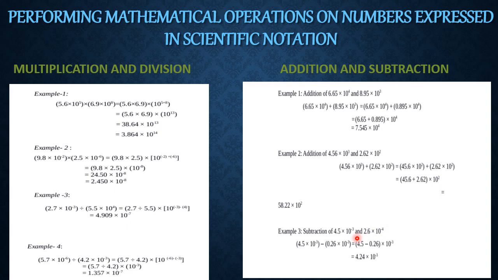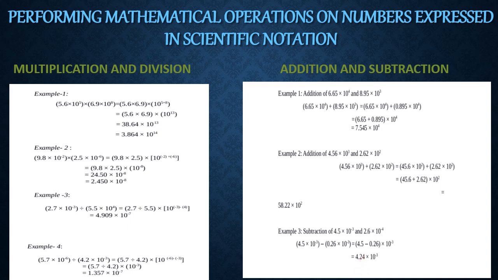Why? I told you in the first example, make the exponents of 10 the same. So here also you have to make either 10 to the power minus 3 or 10 to the power minus 4. I have made it 10 to the power minus 3 form. So here is the answer, 4.24 into 10 to the power minus 3.